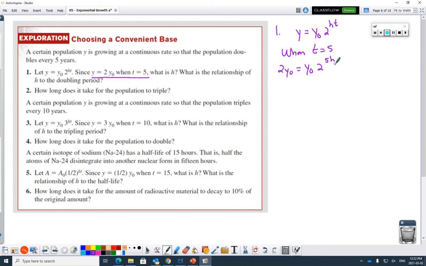What do you see? Happens all the time. It's the go-to trick with exponential equations that the y naught will just disappear. And so now I've got 2 equals 2 to the 5h.